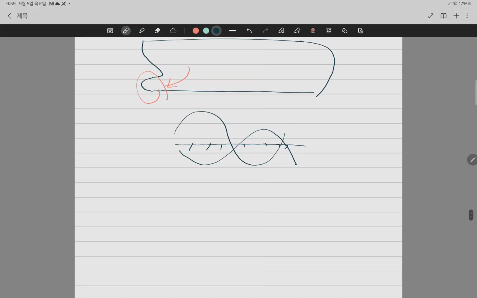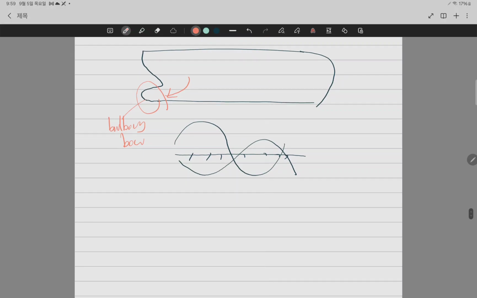Now, this part here, called the bulbous bow, because it's bulbous, can control the pressure point at the front and allows you to create arbitrarily where the wave is formed from.